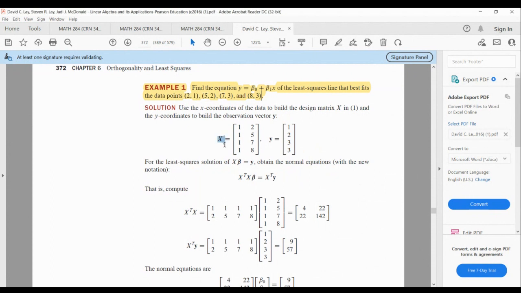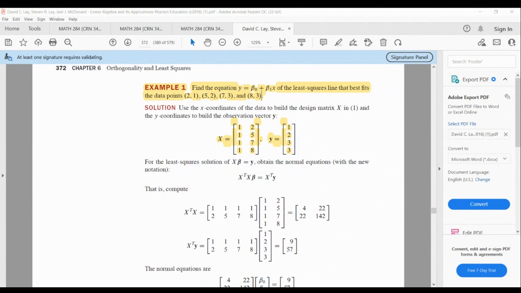So here is the design matrix and the observation vector. Notice that the 4 coordinates there in example 1, the y values are 1, 2, 3, and 3. So that forms your observation vector.